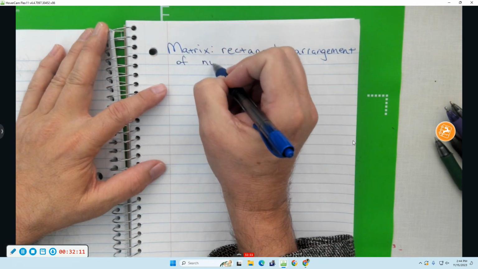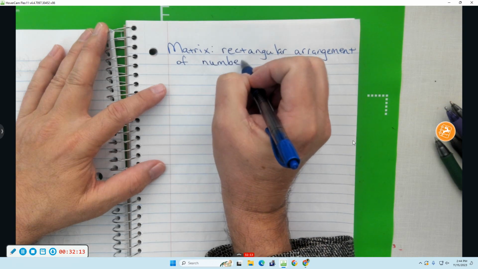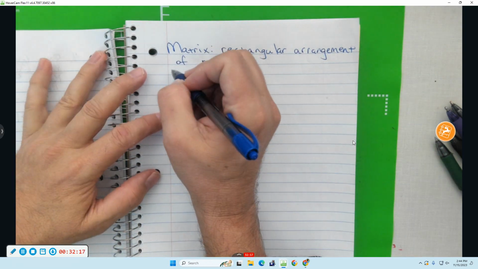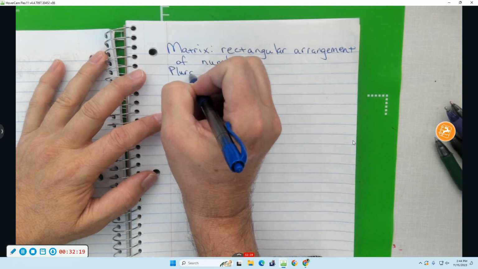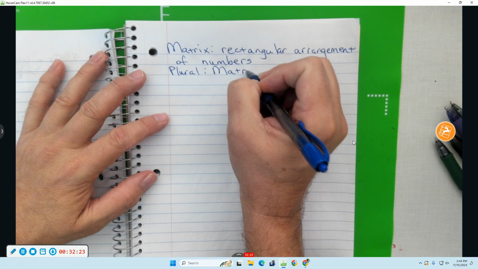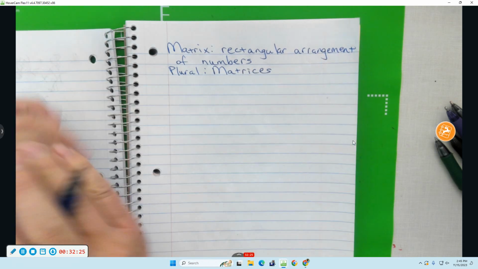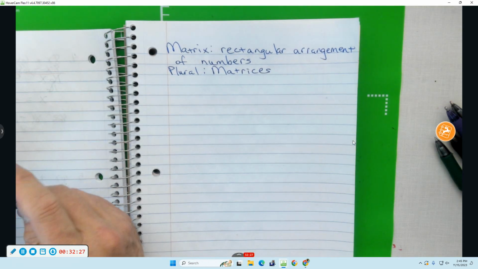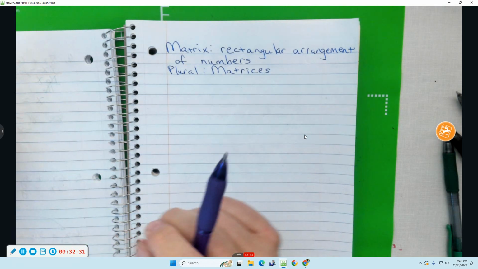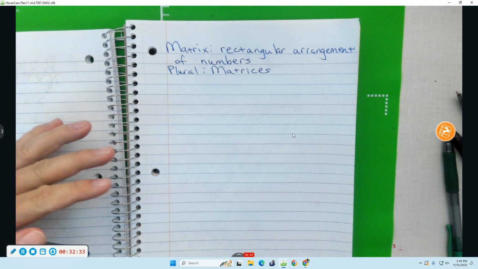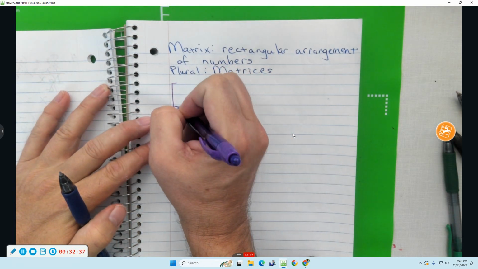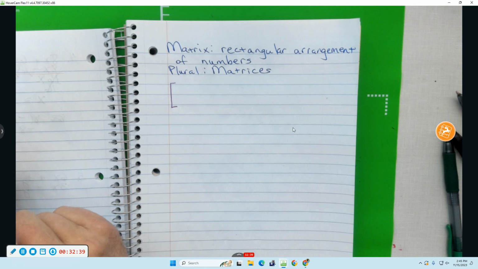So if you write some numbers in a rectangle, then that's what we call a matrix. And the plural of matrix is matrices. I think that was in the title of this assignment. You're right. Generally, we enclose a matrix in rectangular brackets. It looks like those brackets used for interval notation.